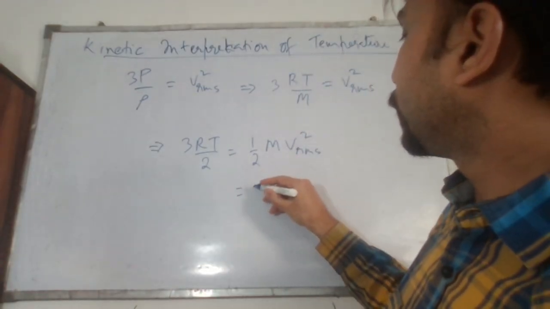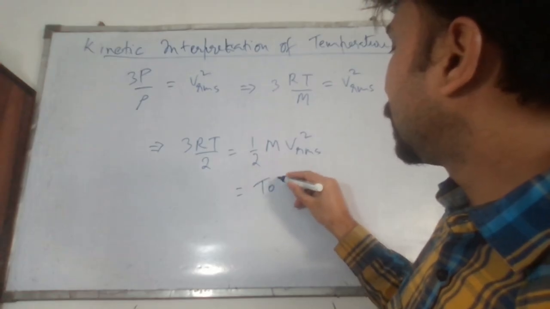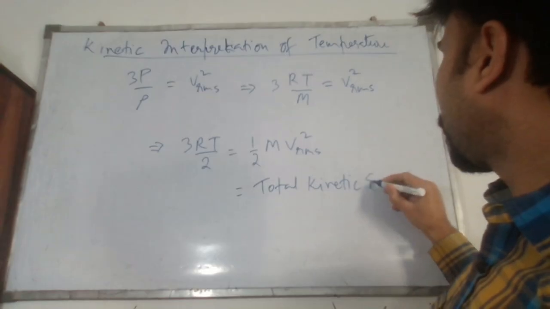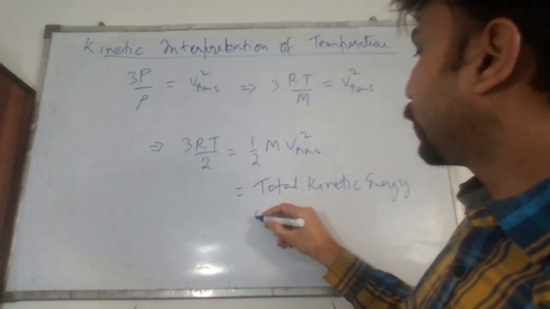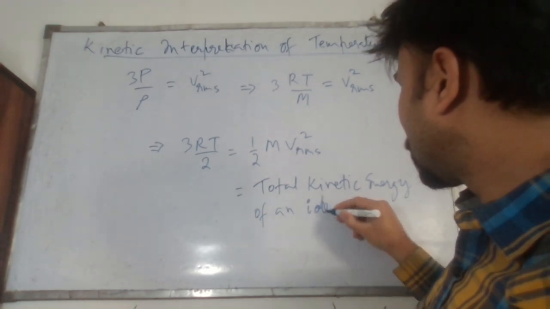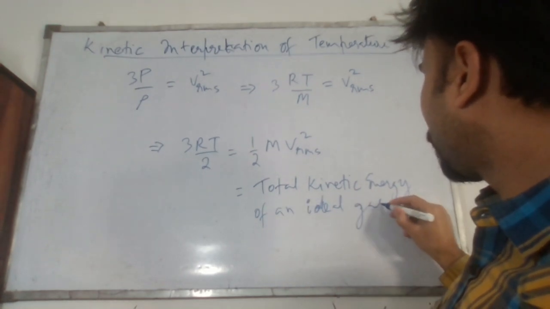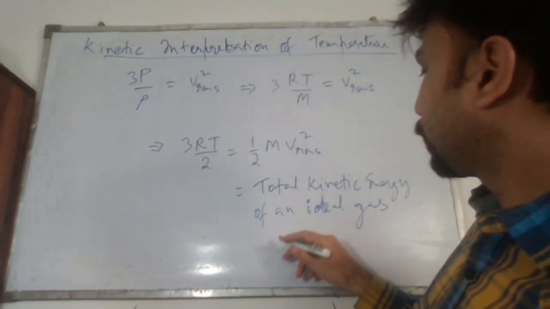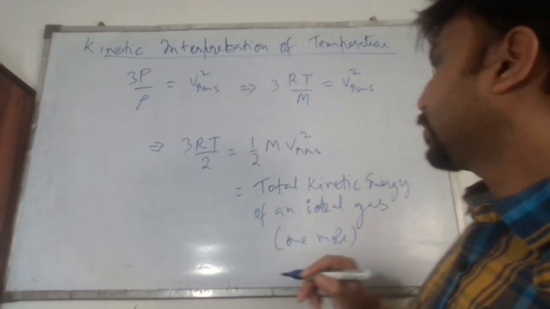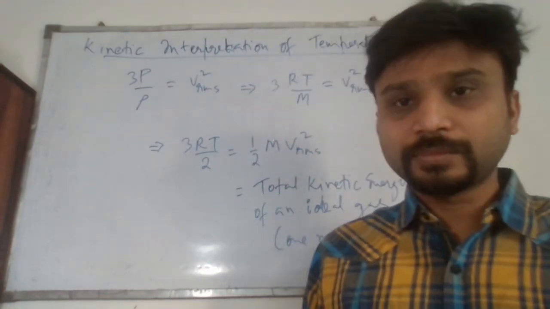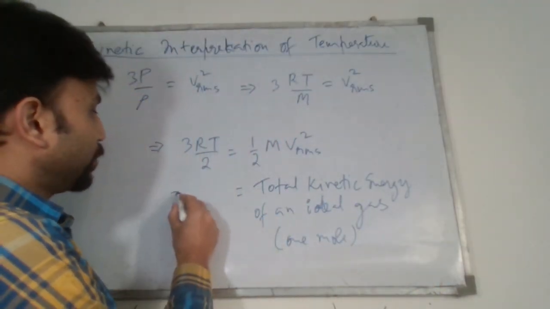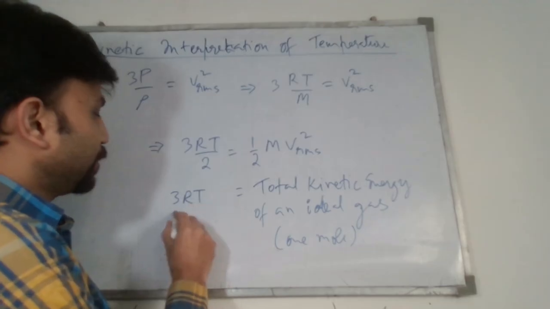This is the total kinetic energy of an ideal gas for 1 mole, which is equal to 3RT by 2.